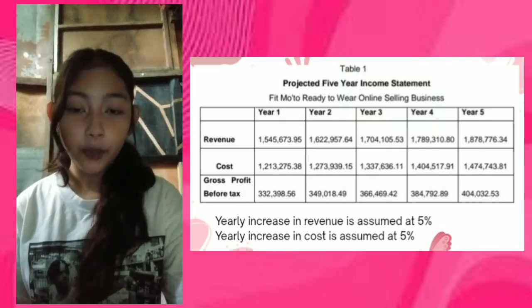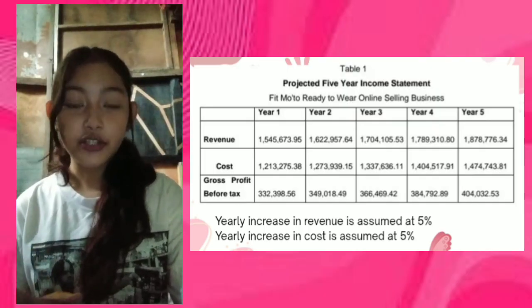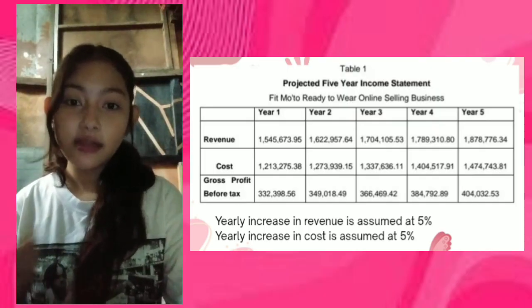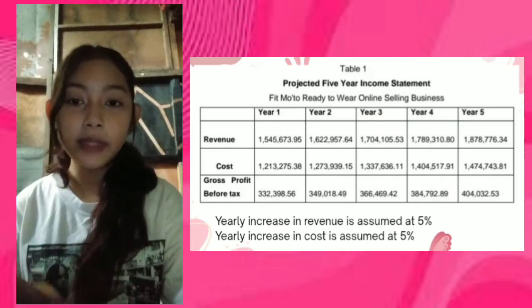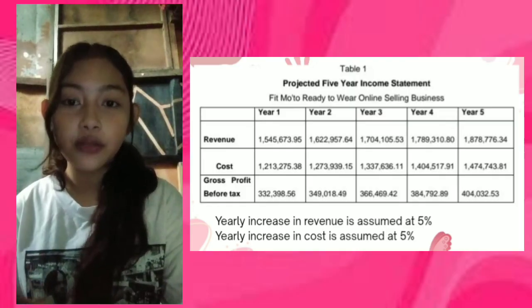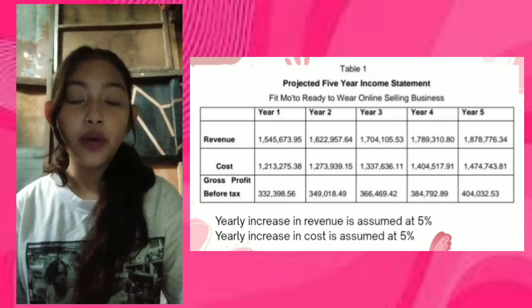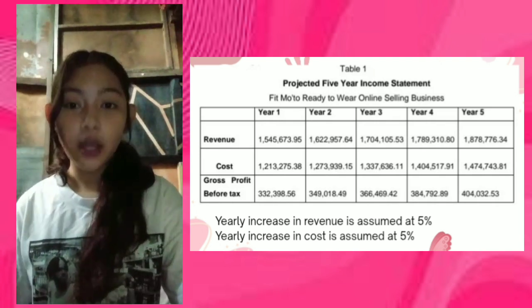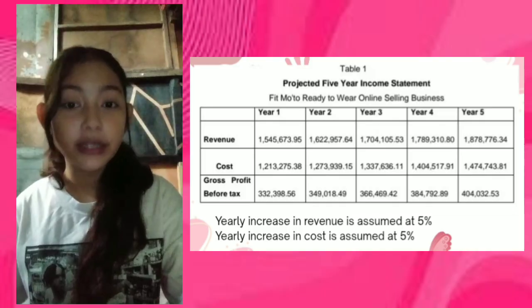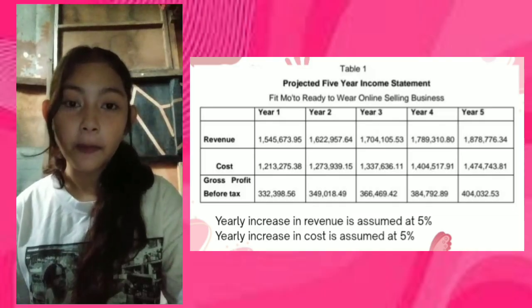If you look at the table, you'll see a clear progression. The revenue grows consistently, starting at 1,545,673.95 in year 1 and reaching 1,878,773.34 by year 5.